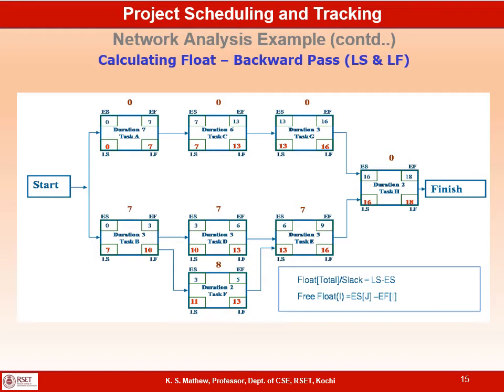Now if you go this way, the task H late start is 16, so the task G late finish will be 16.